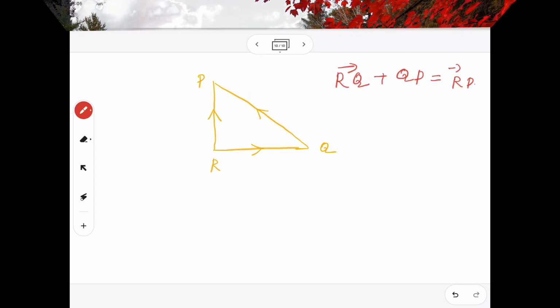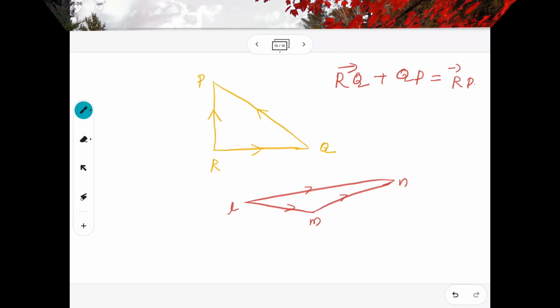Similarly, let me consider another case like this, with vectors LM, MN and LN. Now how can you take the sum of these vectors?